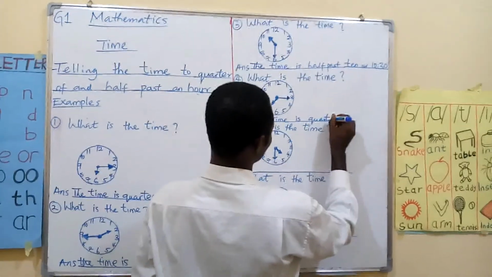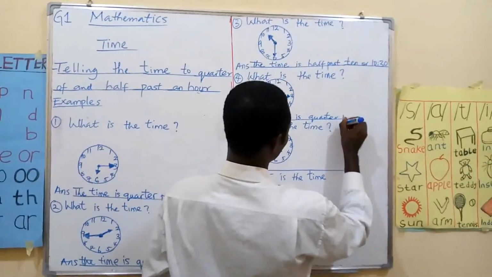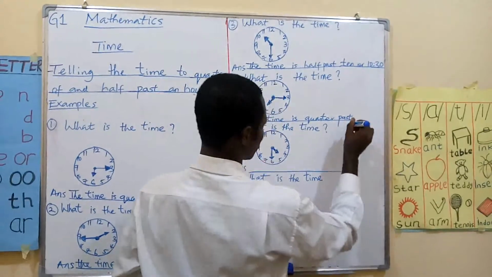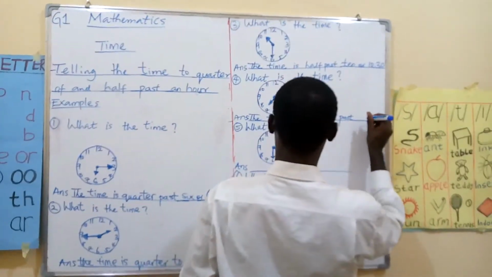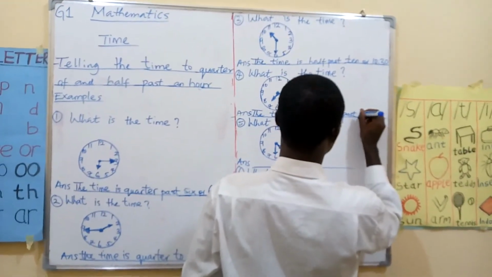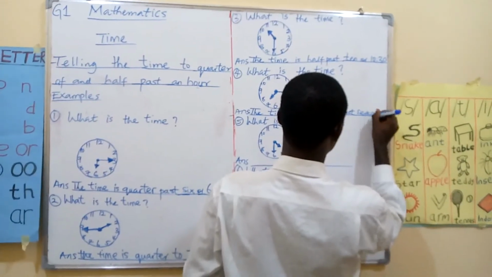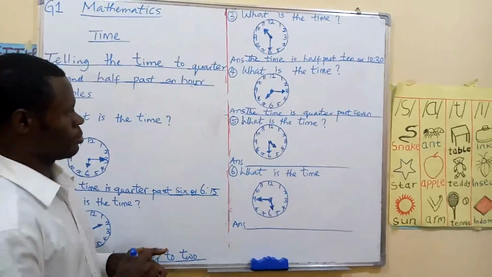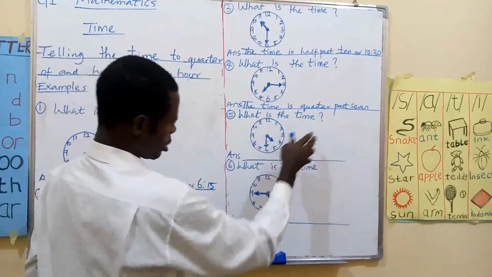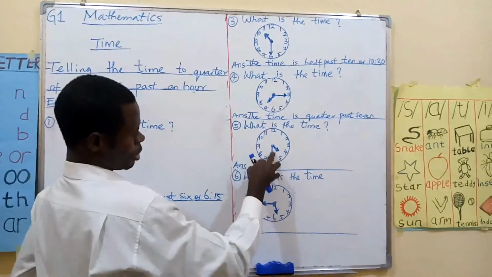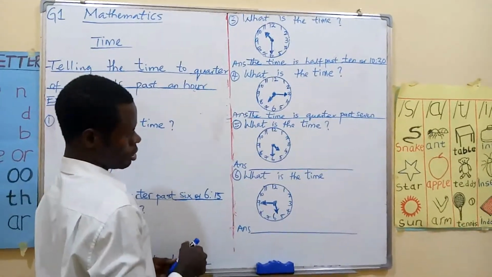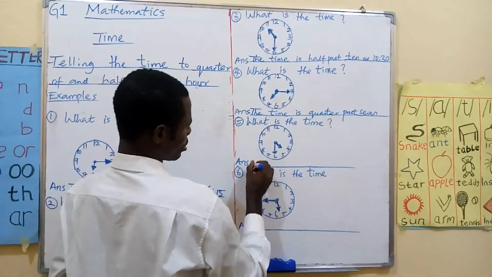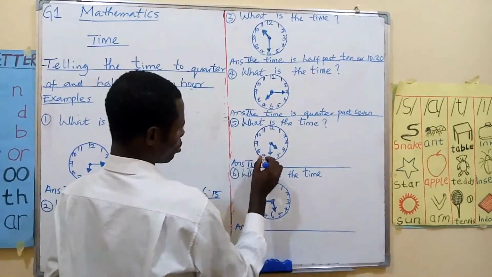Quarter past 7, or 7:15. Number 5, what is the time? The long hand is pointing at 6. So the time is half past 4.